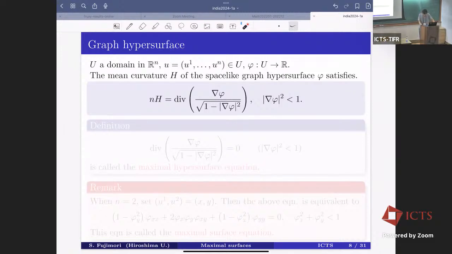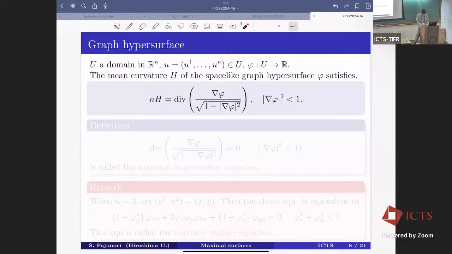So now let's consider graph hypersurfaces. Let U be a domain in R^n, and let phi be a function on U. Then we have the graph. And the mean curvature of the space-like graph hypersurface satisfies this.